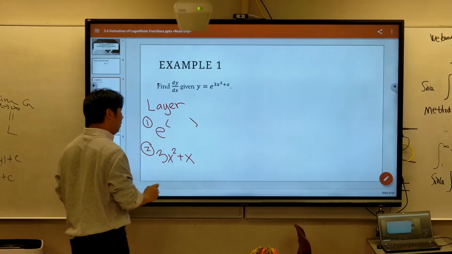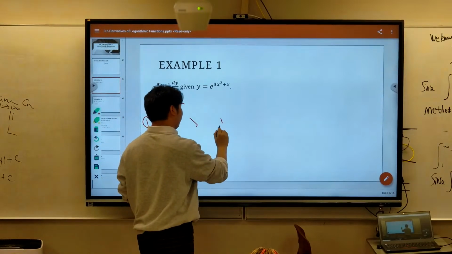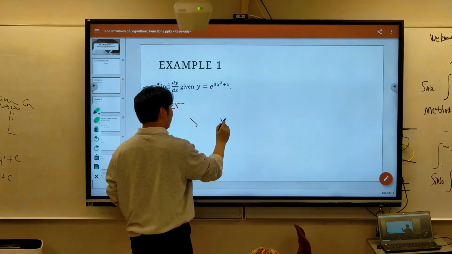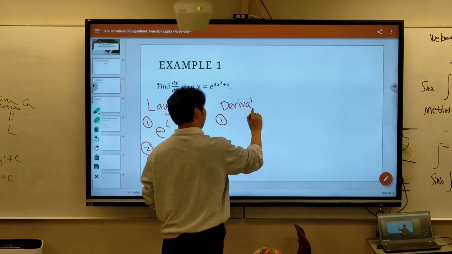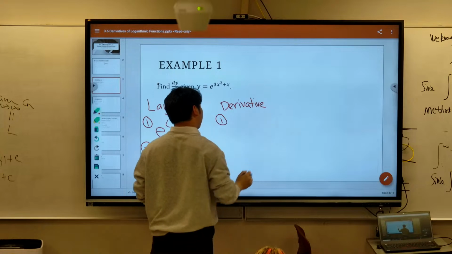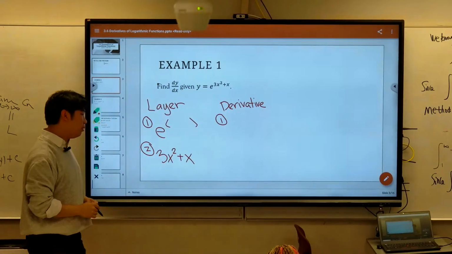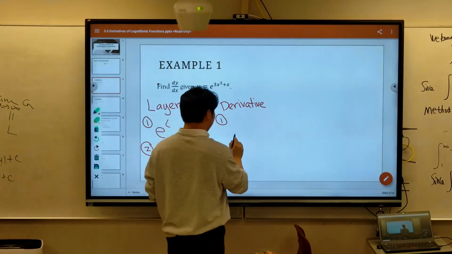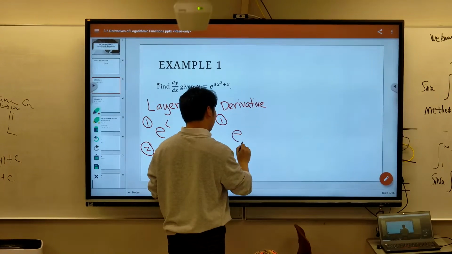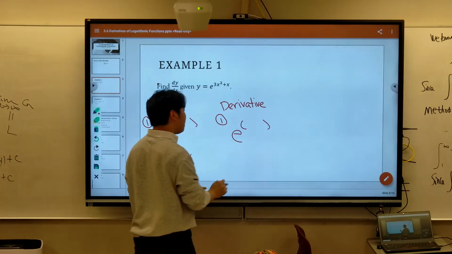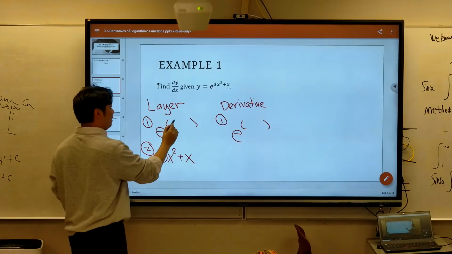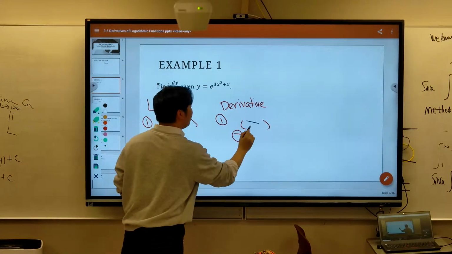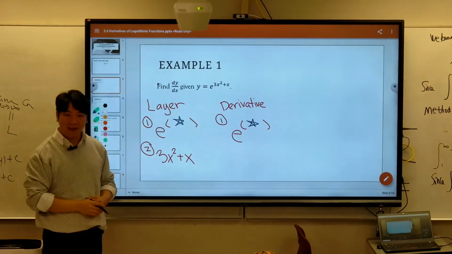All right, so if I go ahead and look at the derivatives of these layers, what's the derivative of e to a variable power? It would be the same thing, e to that same power. And I started using this little notation to say whatever was in this blank still goes in the same blank that I had here.